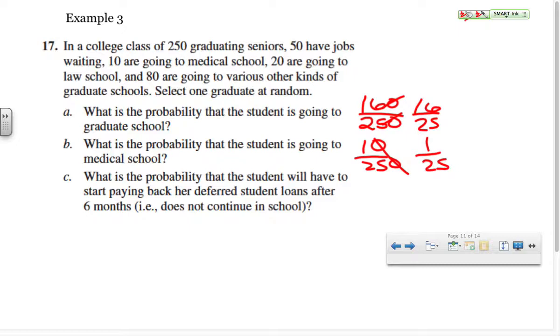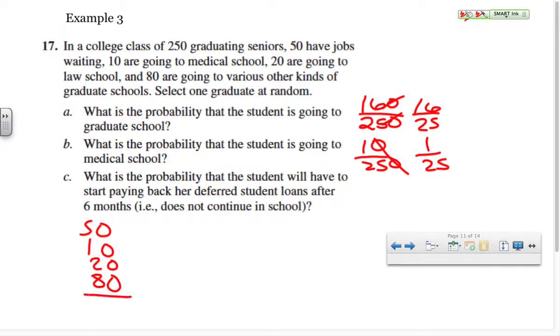What is the probability that a student will have to start paying back her deferred student loans after 6 months if she does not continue in school? Well, first of all, we need to see, does this add up? 50, 10, 20, and 80. Does that add up to 250? Or how many do I have that aren't doing anything? 80, 20, 10, and 50. So it's 110, 160. Oh, you know what?